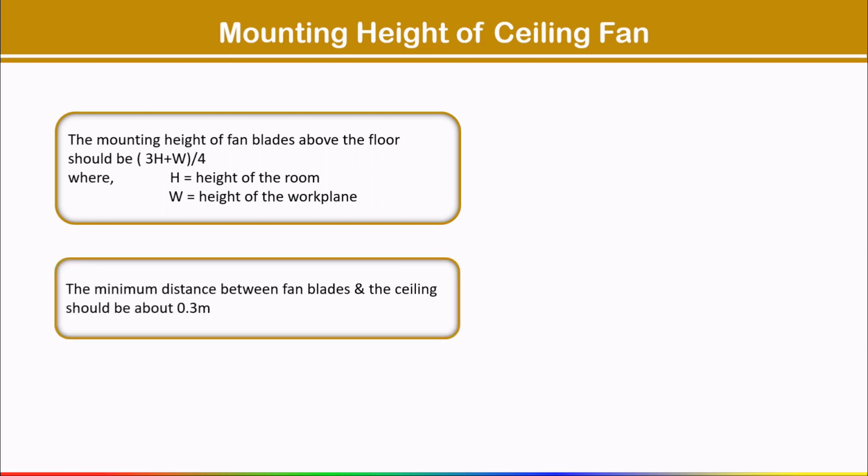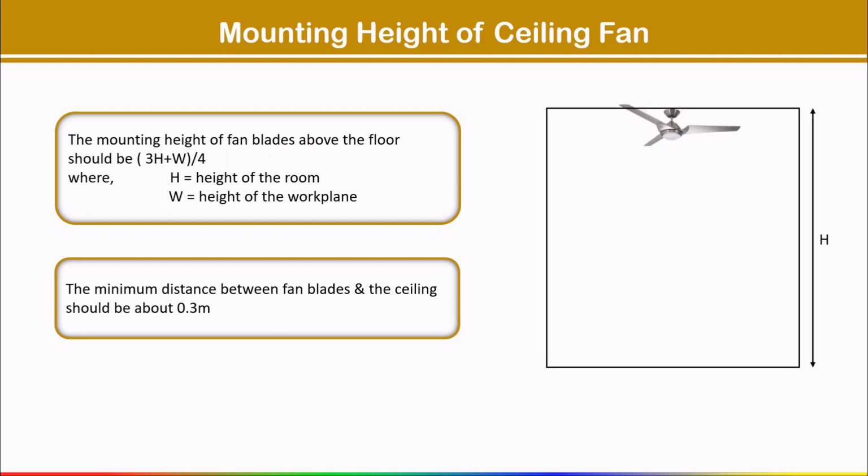The minimum distance between fan blades and the ceiling should be above 0.3 meter. See in this figure, it will be more clear. Here we have one room and the complete room height is capital H. Here we have placed the ceiling fan into this slab.